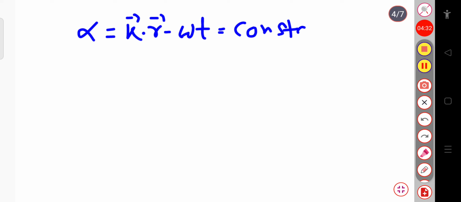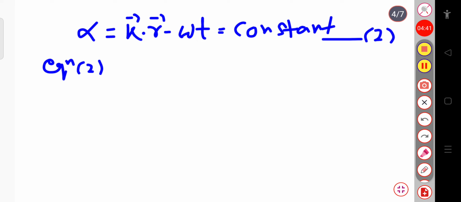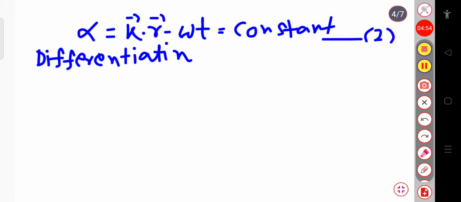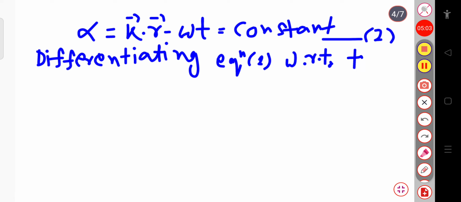Suppose this is equation number 2. Now we will differentiate equation 2 with respect to time t. What will we get?